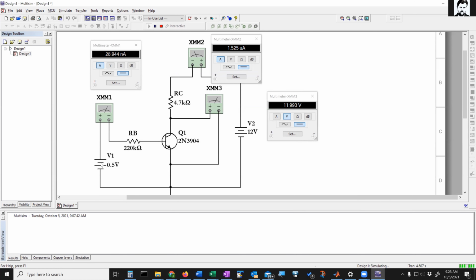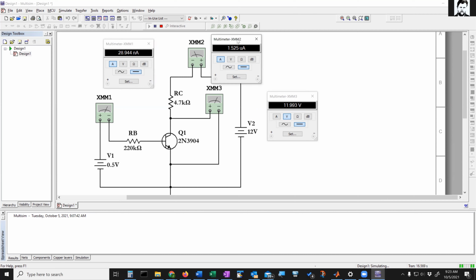So we would expect that there's still going to be roughly 0 current and still roughly 0 current in the collector. And then the voltage should be still 12. So when I increase it from 0 to 0.5, you see it does increase a bit. I don't remember exactly what value it was, but it was like picoamps before. Now it's in nanoamps here. So it did increase, but nanoamps is still 10 to the minus 9. So it's still a negligible amount of current.